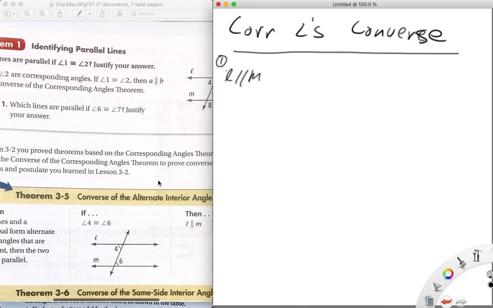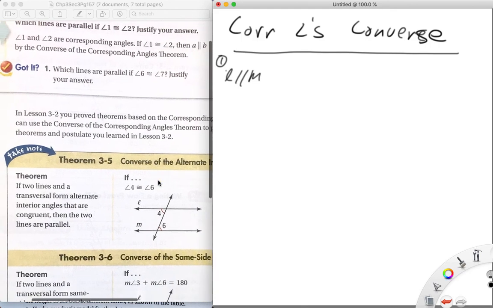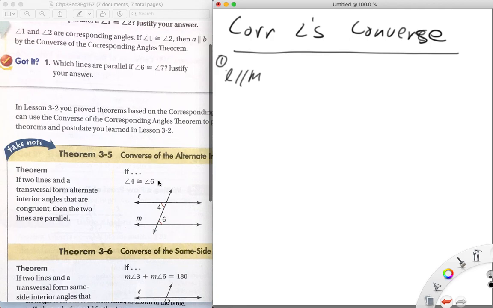And now they're giving us the rest of the theorems and postulates. This one is the converse of alternate interior angles. So I write it like this: alternate interior angles converse, or con.